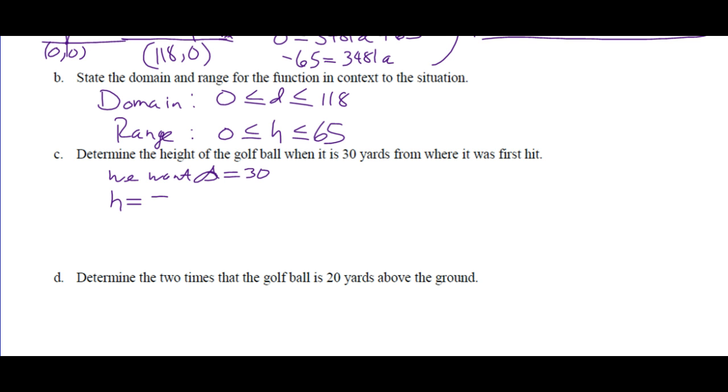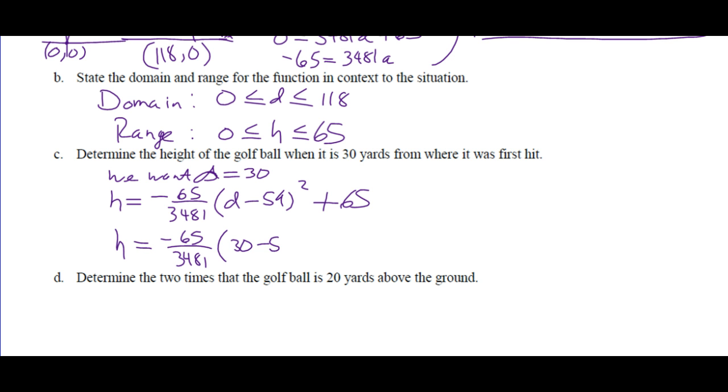So we've got h is negative 65 over 3481, d minus 59 squared plus 65. And we want when d is 30, so h equals negative 65 over 3481, 30 minus 59 quantity squared plus 65.